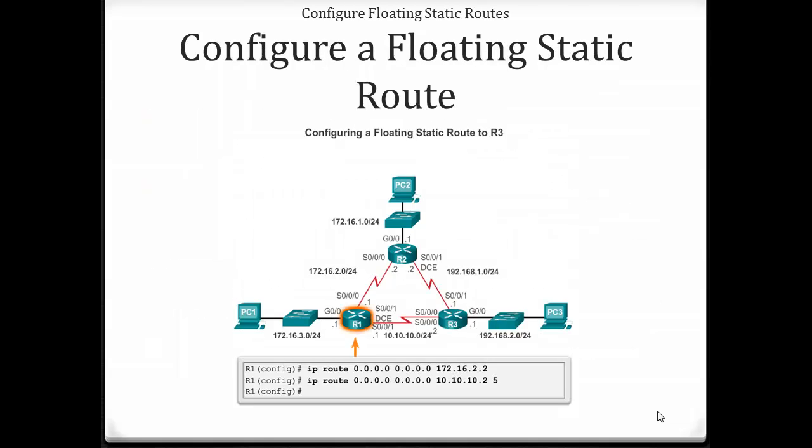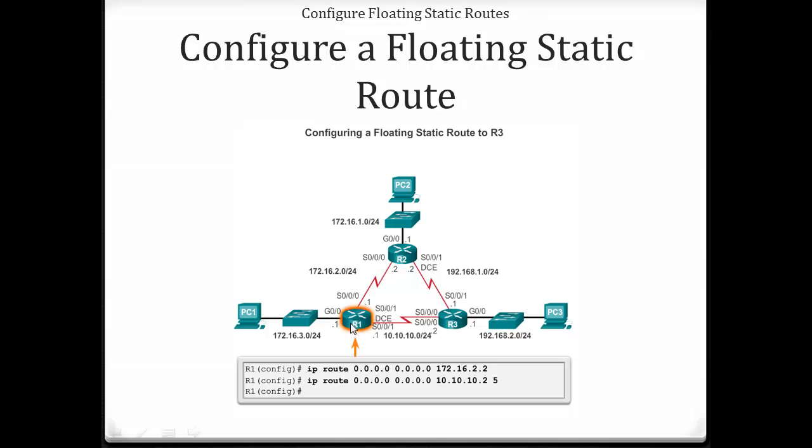In order to configure a floating static route, we use our basic syntax of ip route, the network we want to get to, the subnet mask of the network we want to get to, then the next hop using either the outgoing interface or the next hop address, and then we add the administrative distance onto here. So in this example, R1 has a default route up to R2.